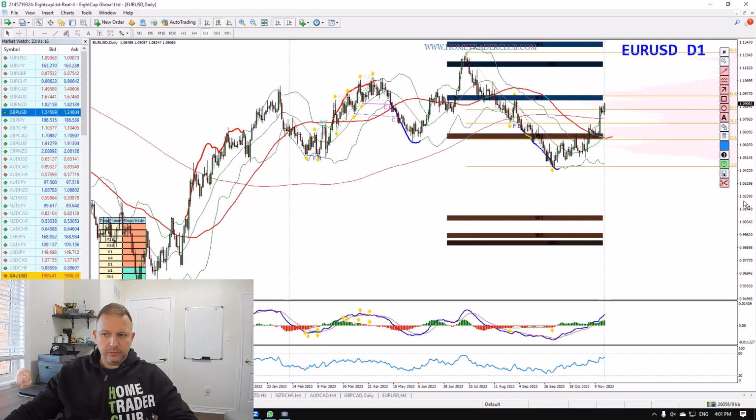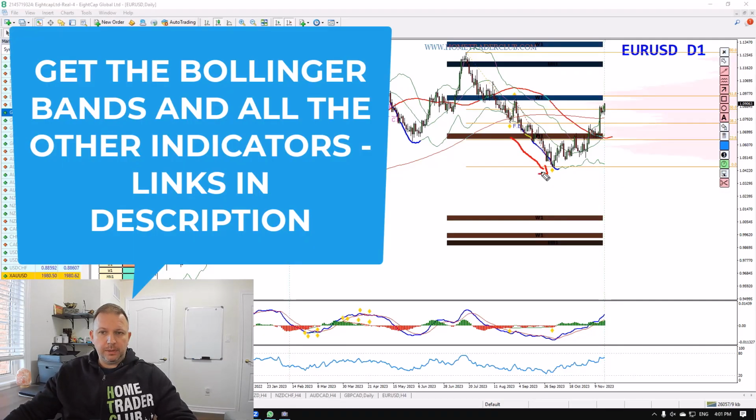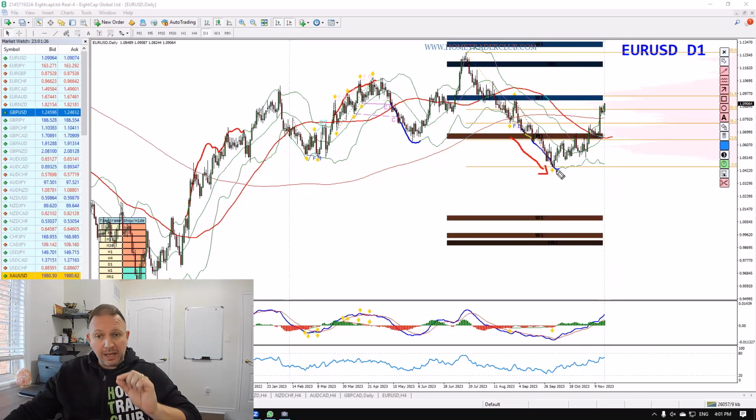So if we go back to the daily chart, we can clearly see that after riding on the lower part of the Bollinger Band, the euro reacted massively to the upside, which brings up the question: up to where could it happen?